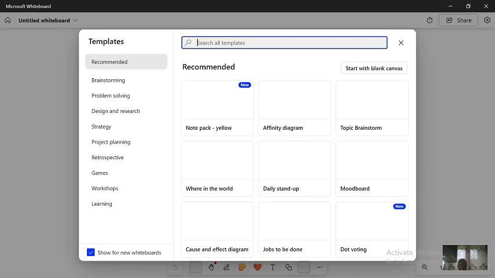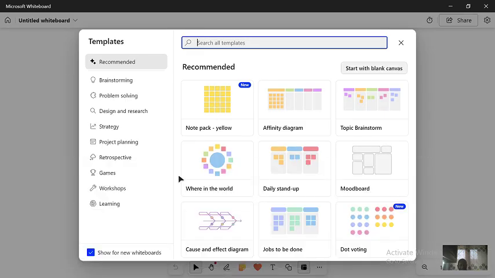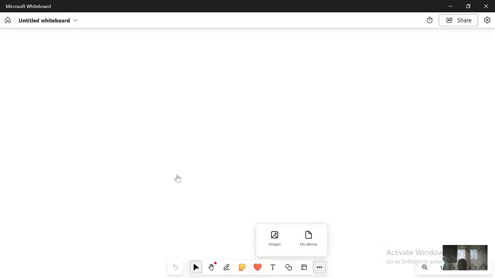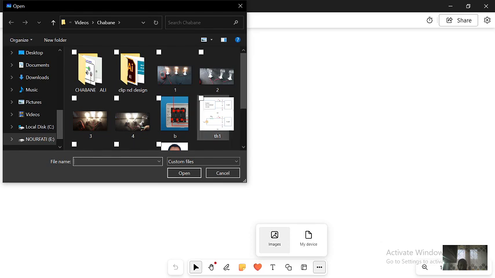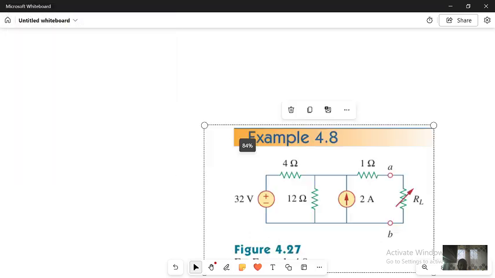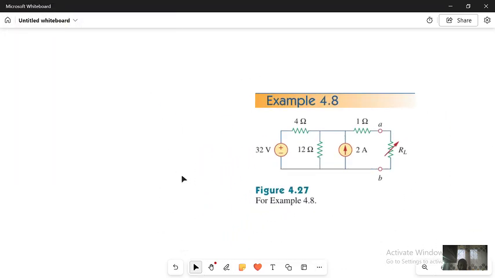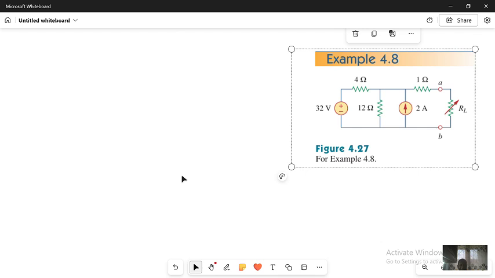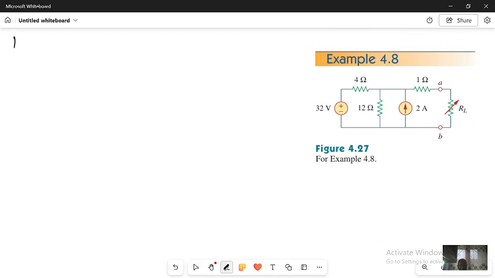We call VTH the Thevenin voltage and RTH the Thevenin resistor. In this circuit I want to determine the Thevenin circuit. If you say Thevenin circuit, it means that I will have to determine VTH and RTH.